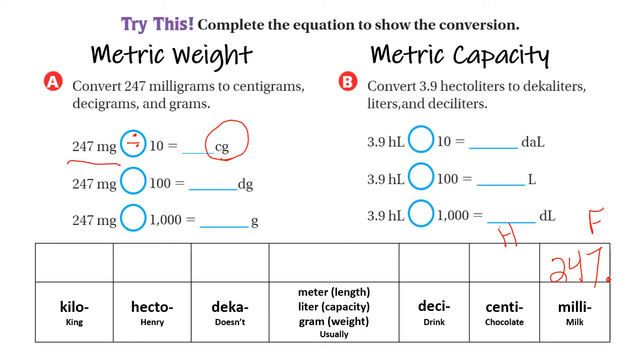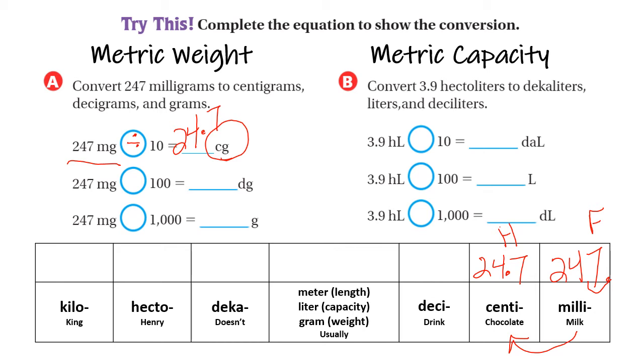Divide by 10. And remember, donkeys love. Divide, you go to the left. So we're going to move our decimal point 1 spot, because look, it's just 1 spot from centi to milli. So we end up with 24.7. So we just moved it 1 spot. Sorry, this is messy. This is very difficult to write on.